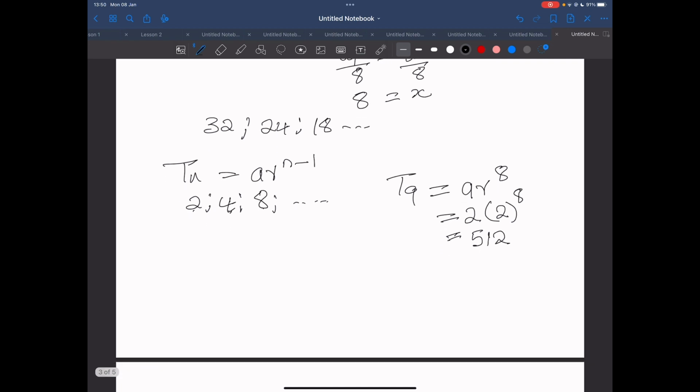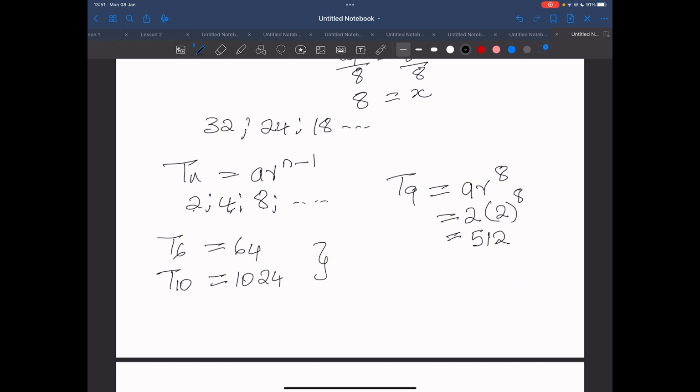So we can also use the term n when we are given 2 terms. For example, I'm going to take an example. We are given that term number 6 of a particular geometric sequence is 64, and term number 10 is 1024.